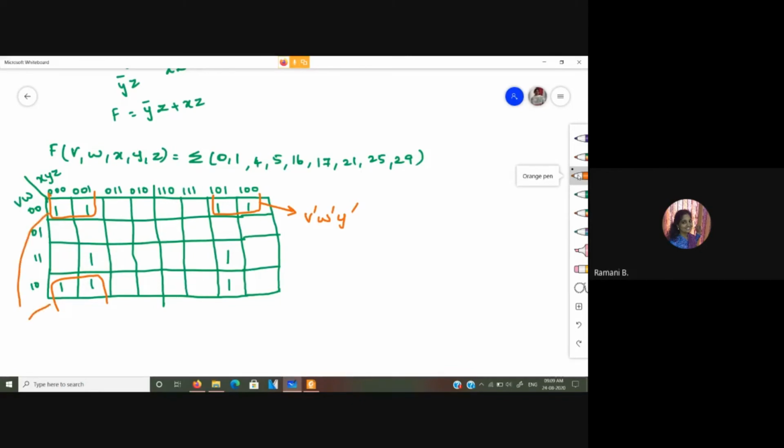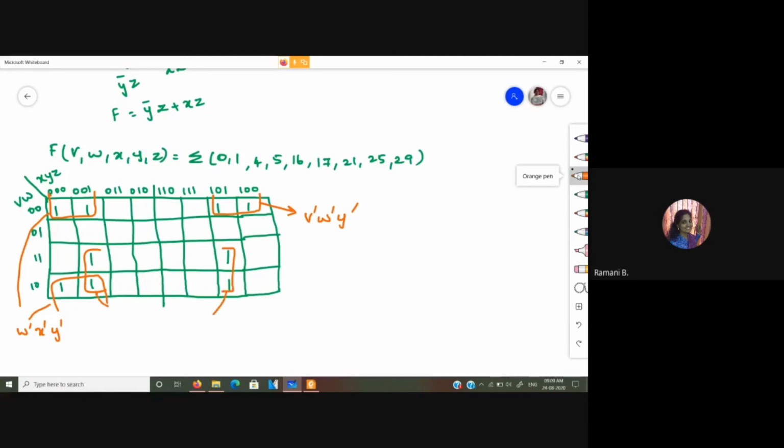So we have the term to be W bar, and here it is x bar, y bar, and folding, you can find that there is an overlap with these things.